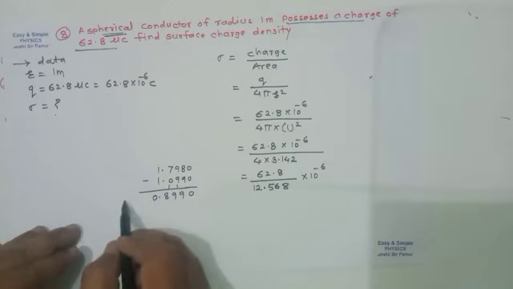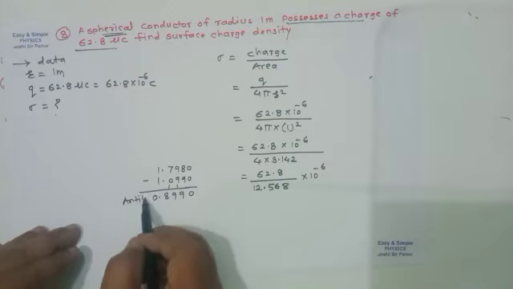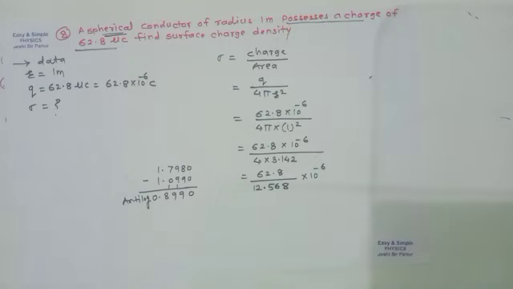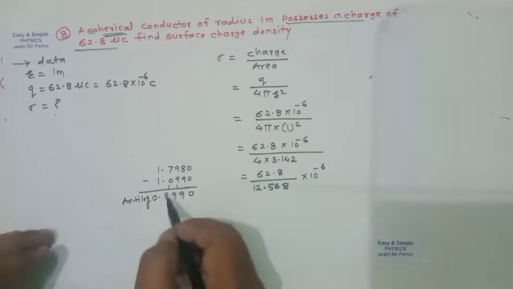So taking the antilog of 0.8990, see here 6 is remaining.